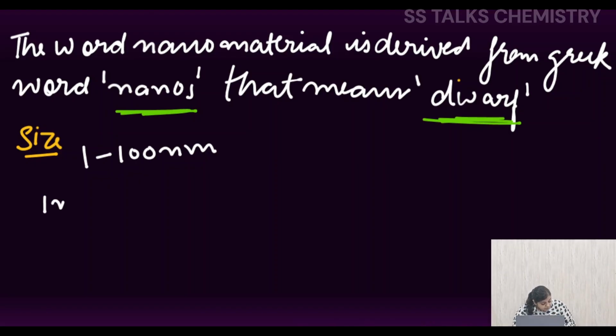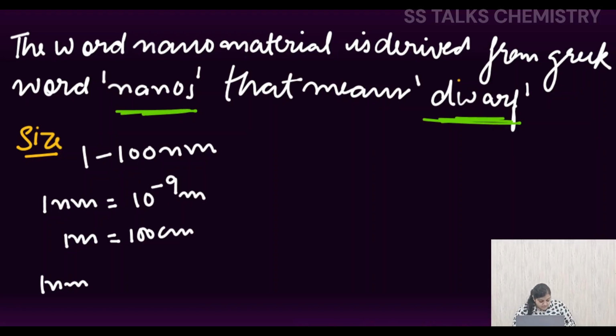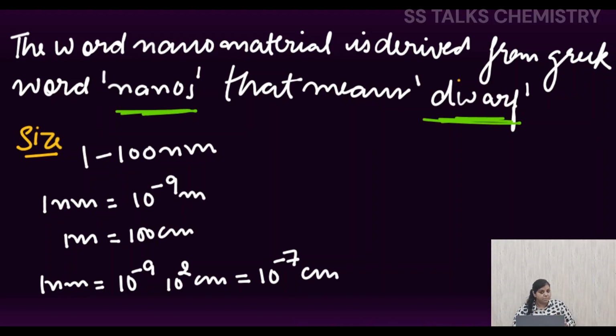Now what is this nanometer term? 1 nanometer is equal to 10 raised to the power of minus 9 meters. And we know that 1 meter is equal to 100 centimeters. So 1 nanometer in centimeters is 10 raised to the power of minus 9 times 10 raised to the power of 2, which becomes 10 raised to the power of minus 7 centimeters.